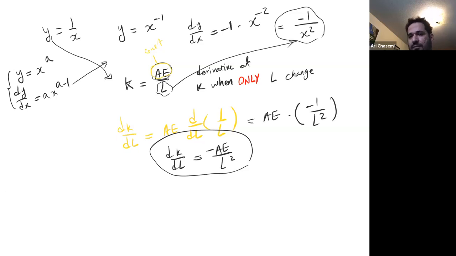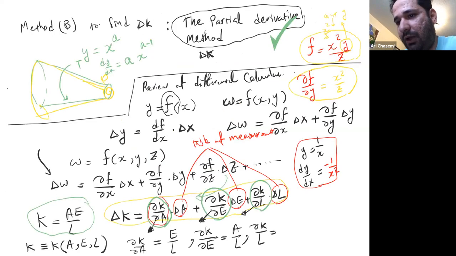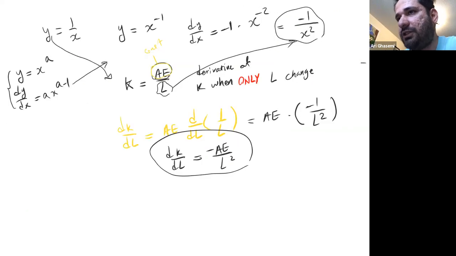So if I want to combine all this information together, if I go back to the previous derivatives that I had here, I have already found them. So I want to just put them all into one framework.